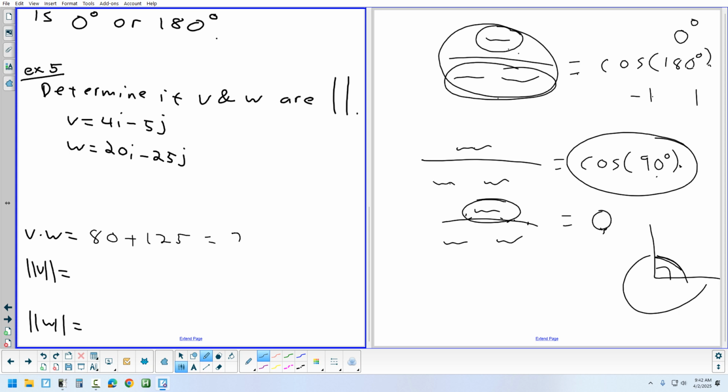Add those up. We get a dot product of 205. Magnitude of V: 4 squared plus negative 5 squared. As an exact answer, what does that give me for the magnitude of V?